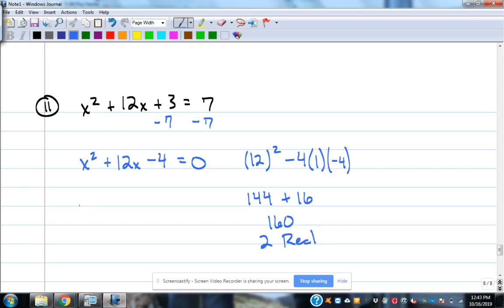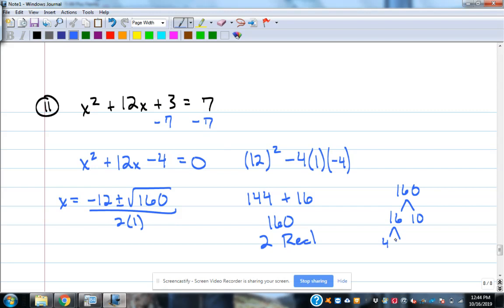And then we're just going to set it up. X equals negative b plus or minus the square root of b squared minus 4ac, divided by 2a. So that means I need to work to simplify the square root of 160. That's 16 times 10. 4 and 4. Hey, there's a pair of 4s. 2 and 5. It doesn't. So it's 4 radical 10 over 2.